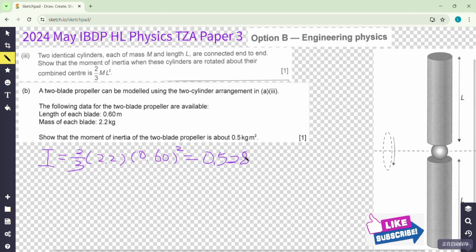Check again, 0.528, yes, and then it's approximately 0.5, and later on you can take it as 0.5. This is accurate enough. We'll use it again, so remember I is here: 0.5 kilogram meter squared.